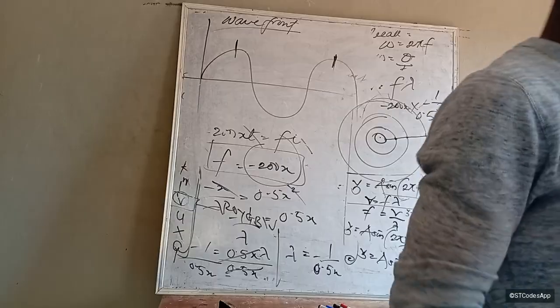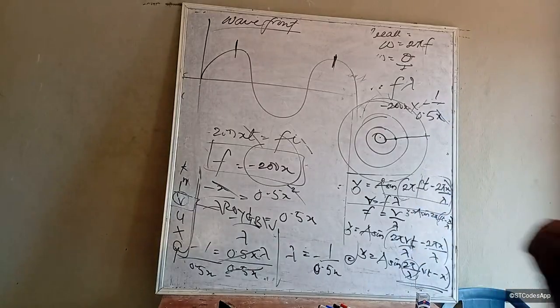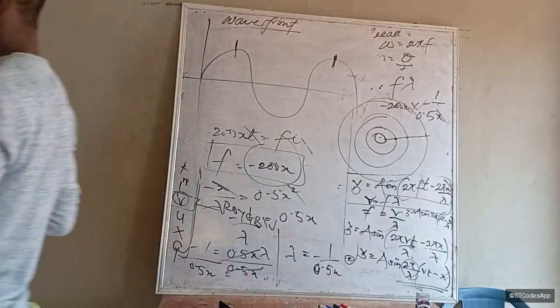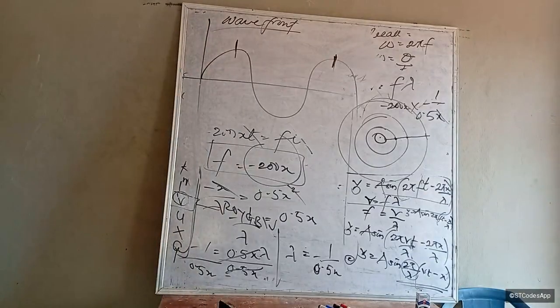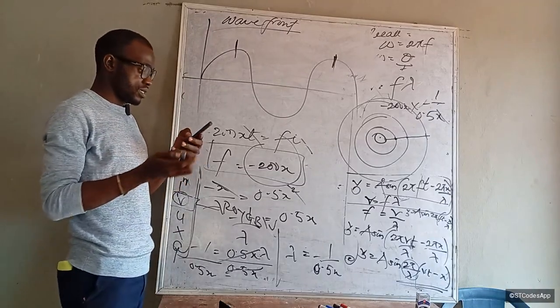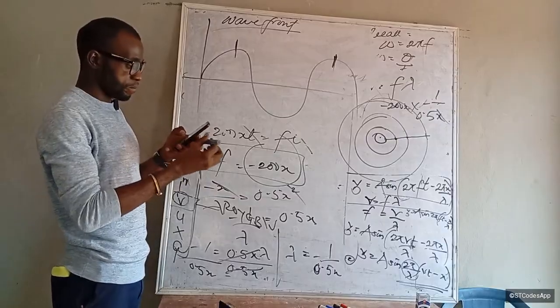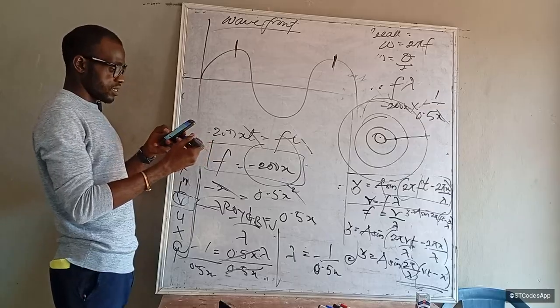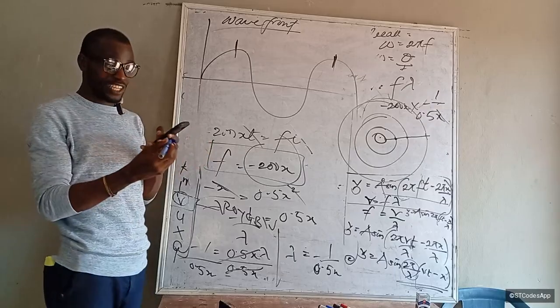The next one, number 7: the wave motion shown has a frequency of what? Now, this thing is given there. It's not even clear in the way they drew it.